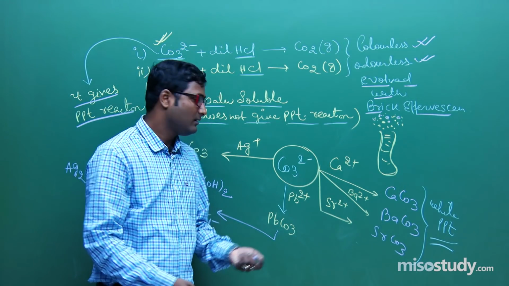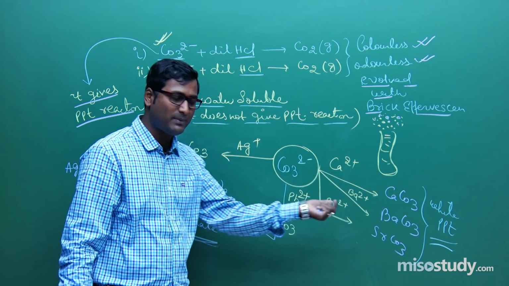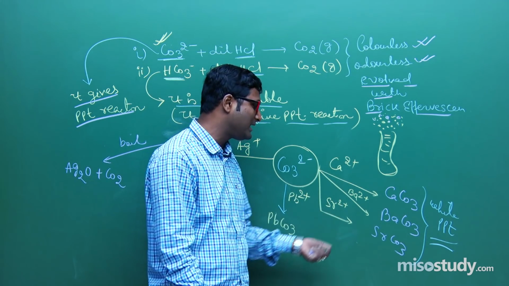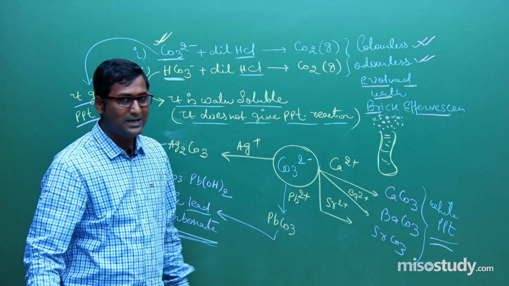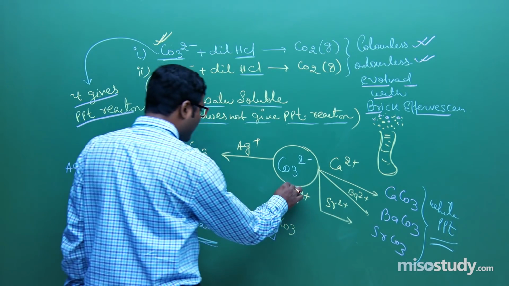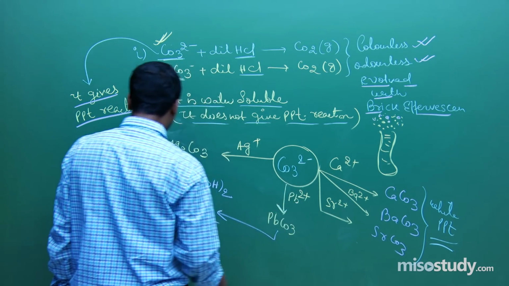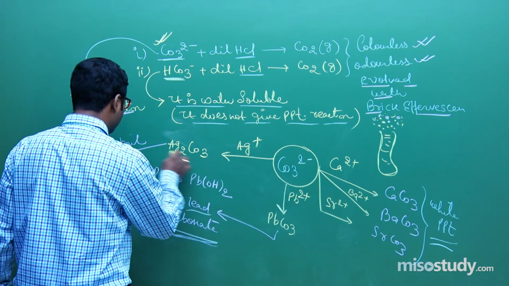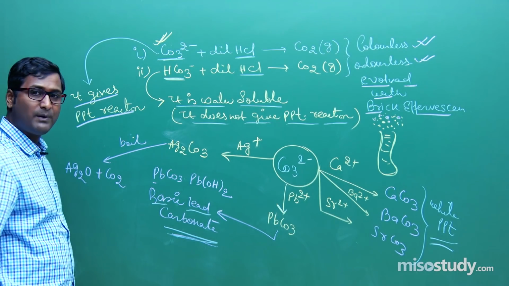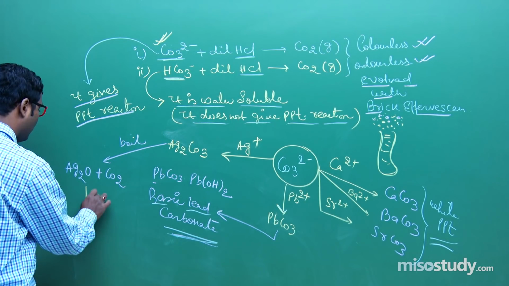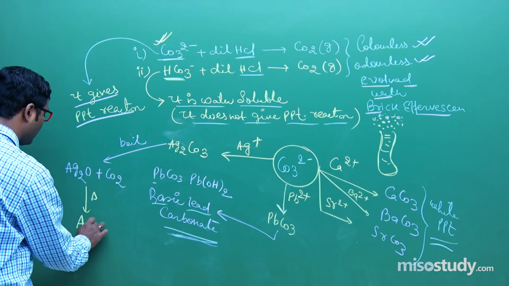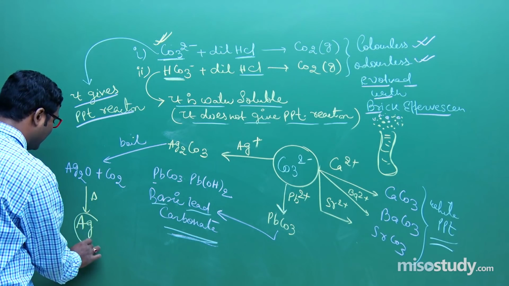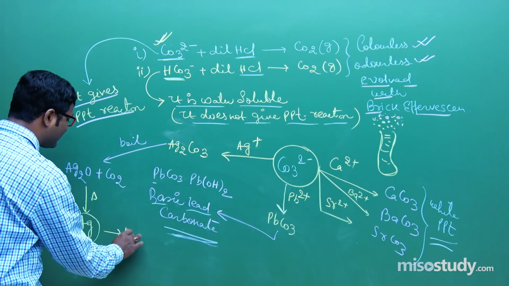Treatment with Ca2 plus gives CaCO3, Ba2 plus gives BaCO3, Sr2 plus gives SrCO3, Pb2 plus gives PbCO3, and so on. With Ag plus, that is Ag2CO3, which on further boiling gives Ag2O plus CO2, which on further heating decomposes to give Ag, and this is black silver.